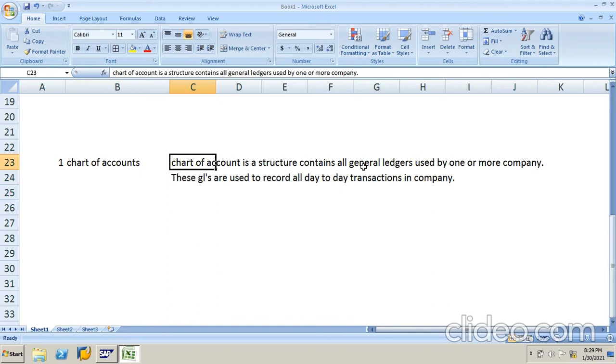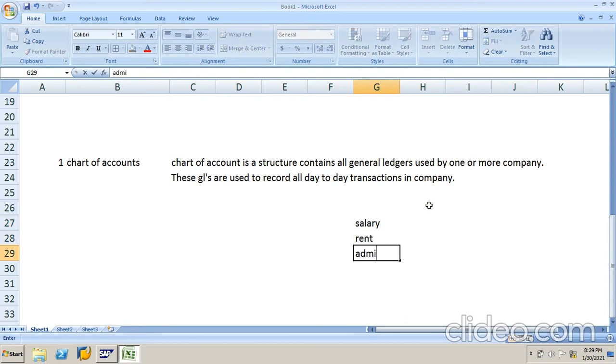So these general ledgers we are using to record all day-to-day transaction. Day-to-day transaction means suppose rent, salaries, expenses, all expenses. These are called general ledger. So we are using this salary ledger, rent ledger, admin expenses ledgers. These ledgers we are using to record the all day-to-day transaction.